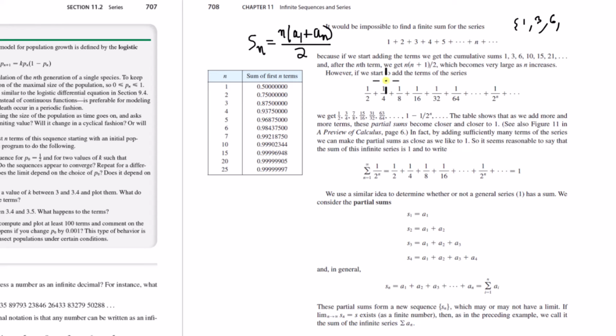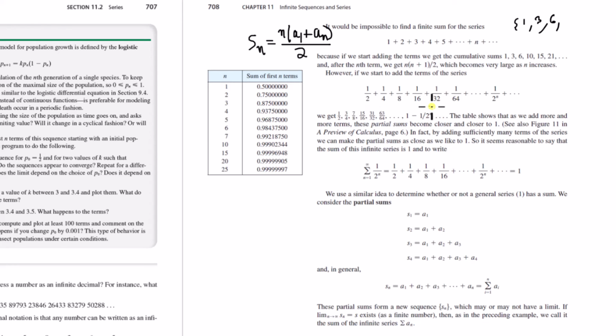But now they say, what if we add the terms of this? What if we try to evaluate this series? So we're adding the terms of a sequence, right? The sequence is 1/2, 1/4, 1/8, 1/16, and this is the A sub n for the sequence. It's confusing.